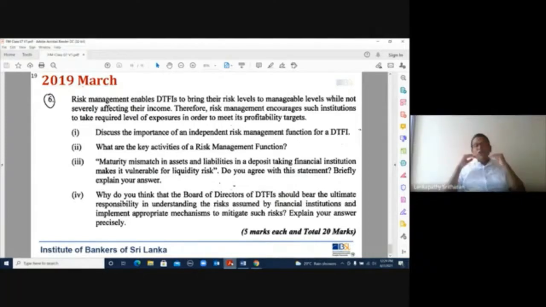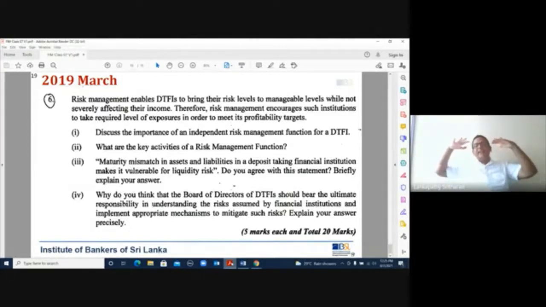Because the board of directors has the ultimate responsibility for any activity of a bank or finance institution, and they are the people deciding the risk appetite and risk tolerance level of the institution, as well as formulating the policies at the top level and creating the risk management awareness culture. So they have to take the ultimate responsibility for the appropriate mechanism to mitigate such risk.